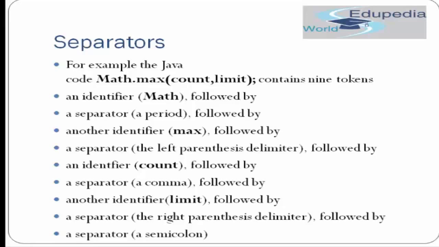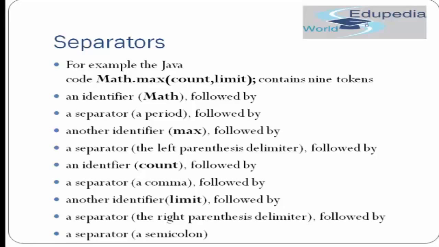We are directly calling it. So we can call a static method directly using the class name. When we call it, we use a separator, that is a period, followed by the max method. After max, we have another separator, which is the left parenthesis delimiter.